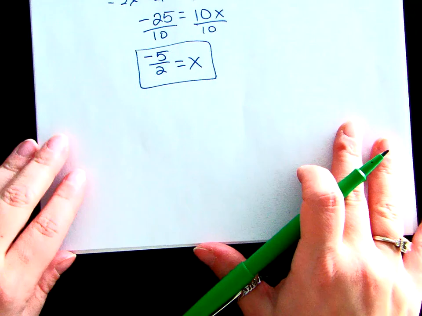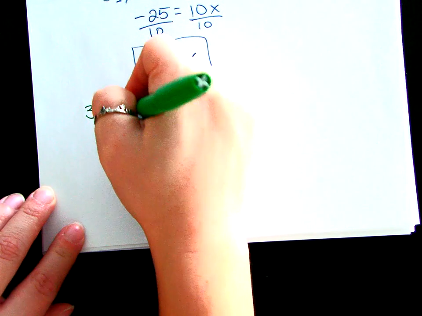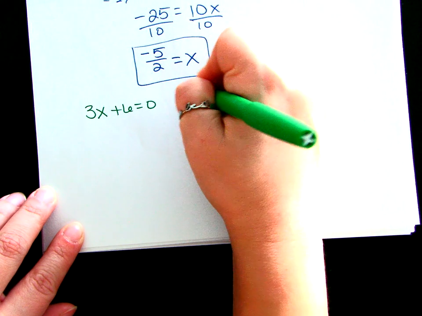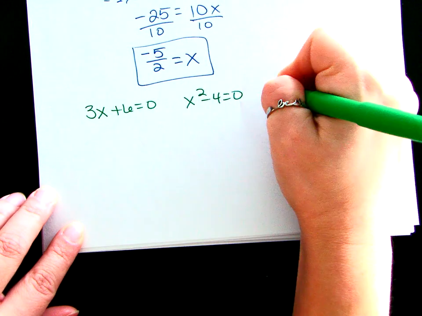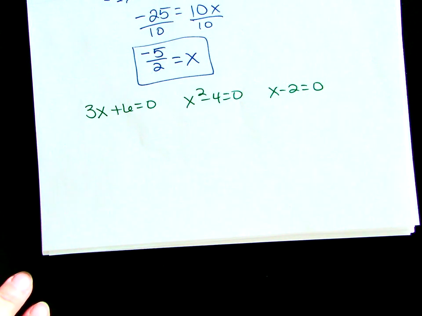So our trouble spots are going to happen when 3x plus 6 equals 0, or when x squared minus 4 equals 0, or when x minus 2 equals 0. That's where our trouble spots happen. So we need to figure out what values of x those are.